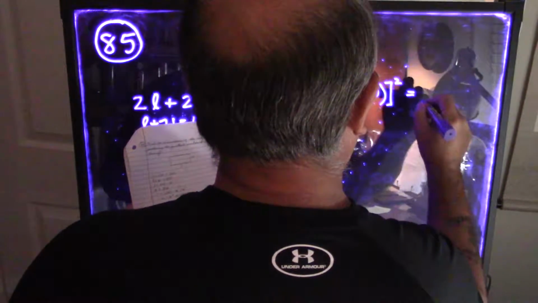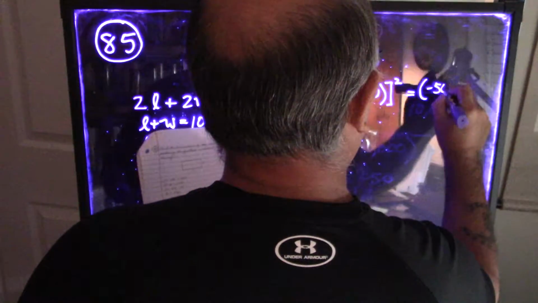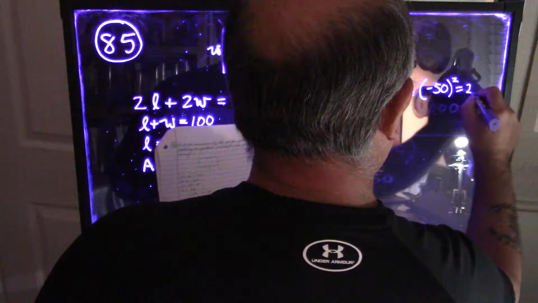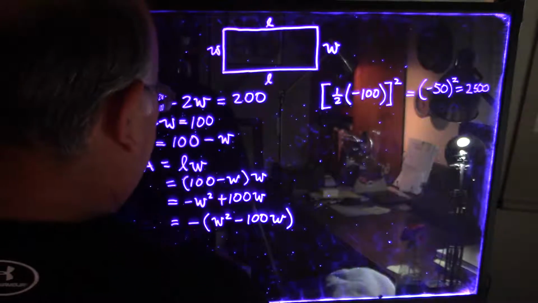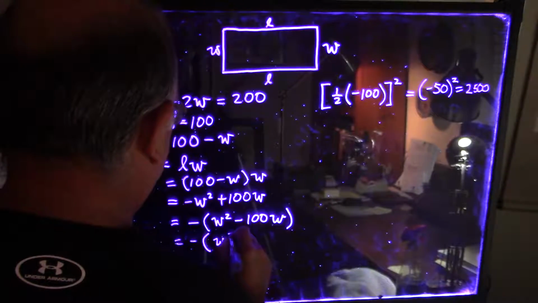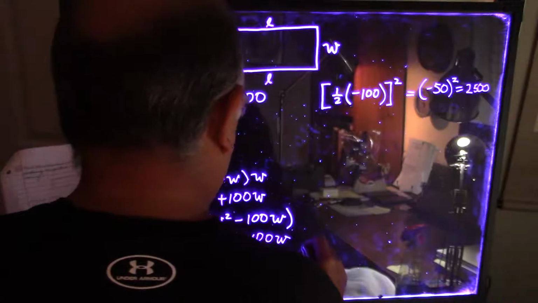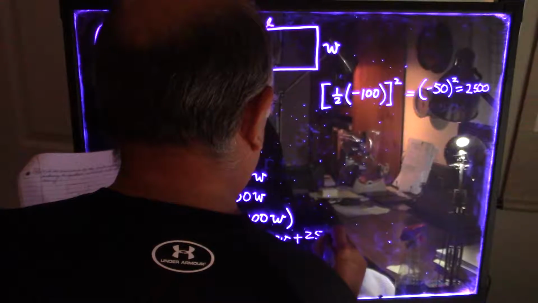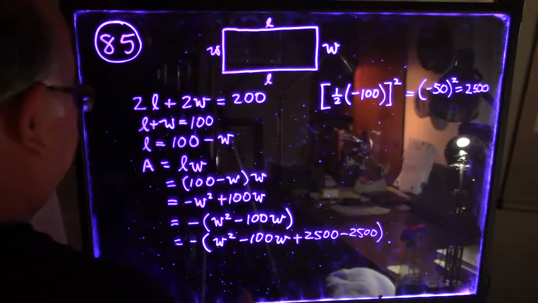So this is equal to -50 squared, and that equals 2500. So that's what we're going to add and subtract in parentheses. So we've got negative w squared minus 100w, add and subtract, plus 2500 minus 2500 inside the parentheses.